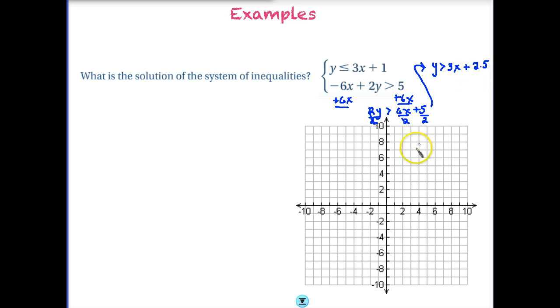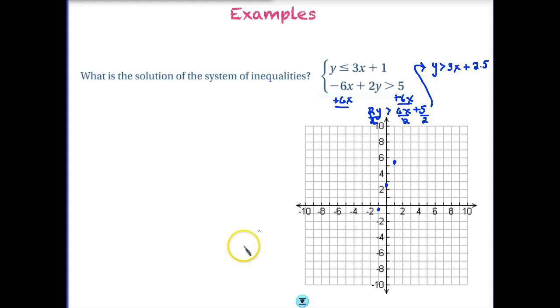All right, let's go ahead and graph this. Our y-intercept is at 2.5, which is about right here. Our slope is positive 3 over 1, so we go up 1, 2, 3 over 1. I'm going to do another one, up 1, 2, 3 over 1, just because I'm using a 2.5 number. Then I will look at my sign.